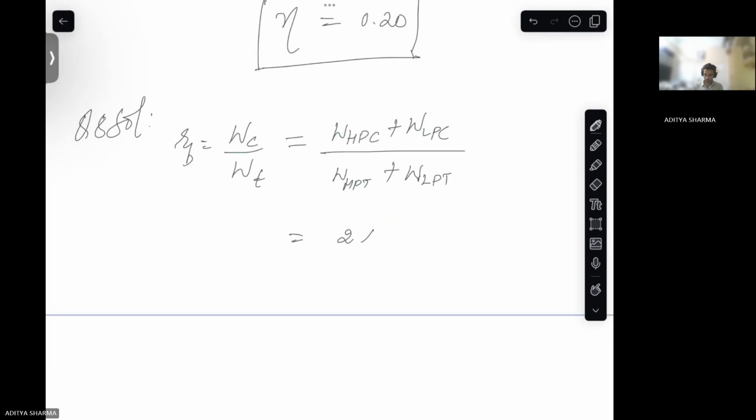Now, because for both the compressors work input is same, for both the turbines work output is same, so this way it can be done.